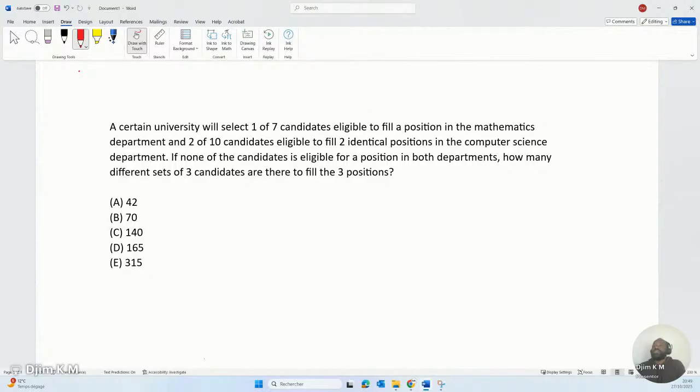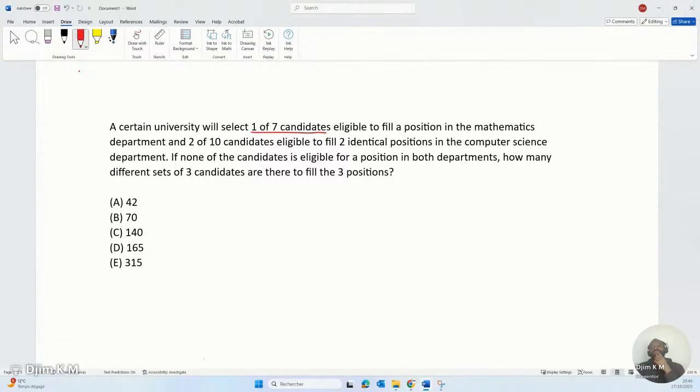So it says to select one out of seven to fill a position in the mathematics department and two out of 10 to fill two identical positions in the computer science department.